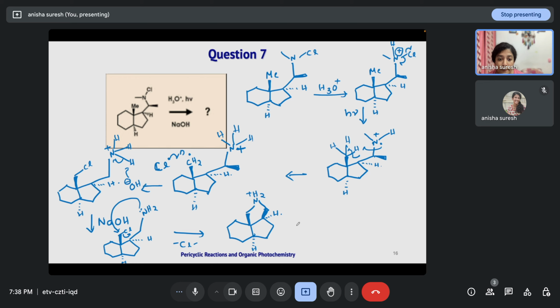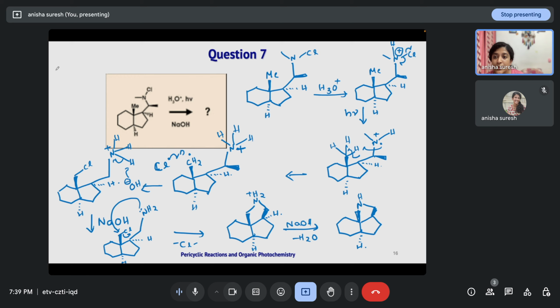NH2 plus, that upon in the presence of NaOH, removal of water will be taking, this proton will be abstracted and OH will be leaving as water, leading to formation of this as the final species.